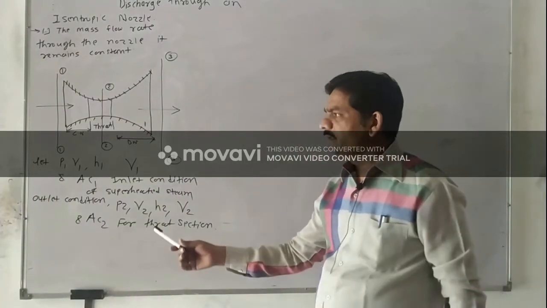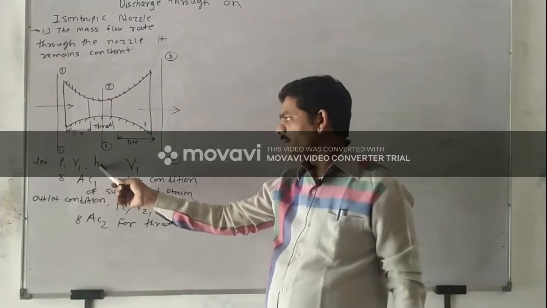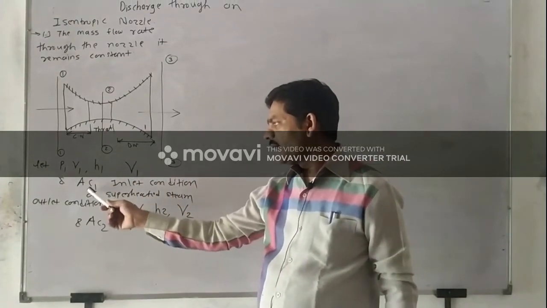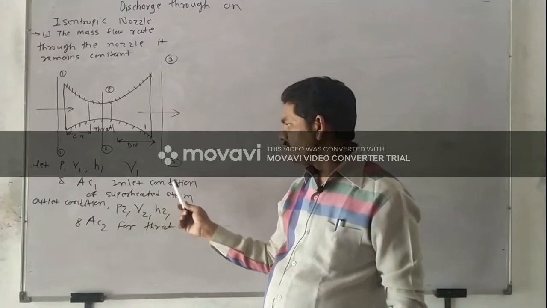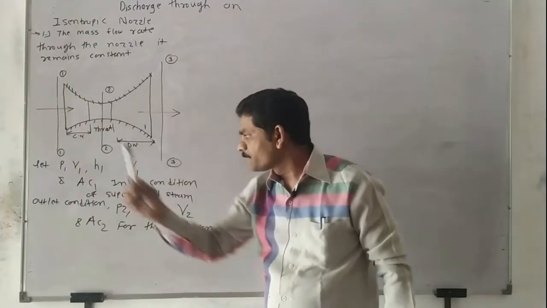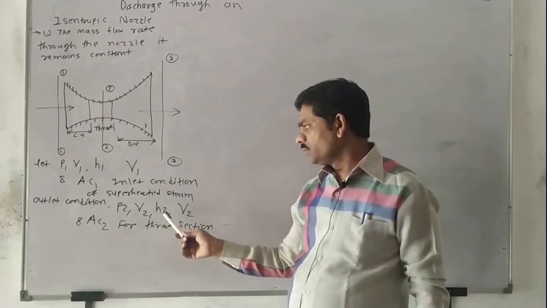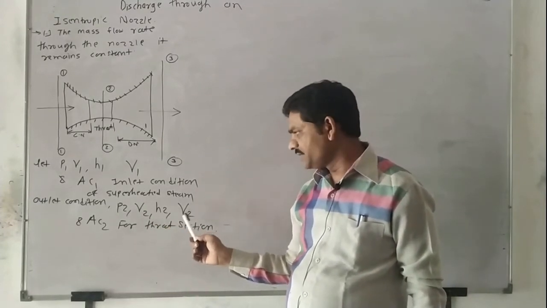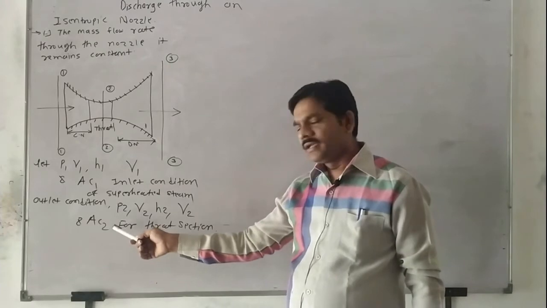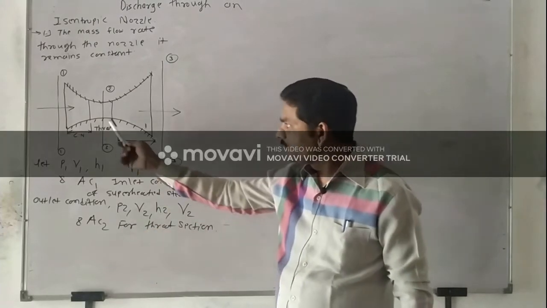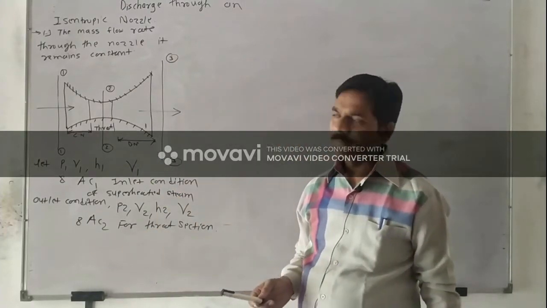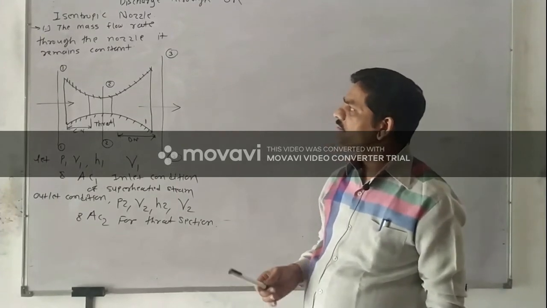So these are the inlet conditions: pressure, specific volume, enthalpy, velocity and cross-sectional area for this inlet. Then similarly, pressure P2, V2, enthalpy H2, velocity V2 and cross-sectional area AC2 for this throat section.